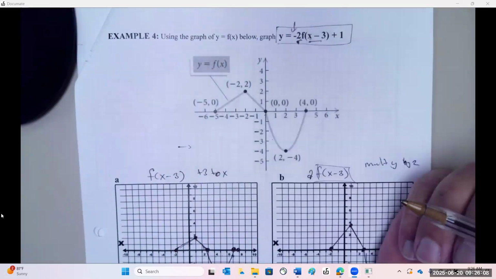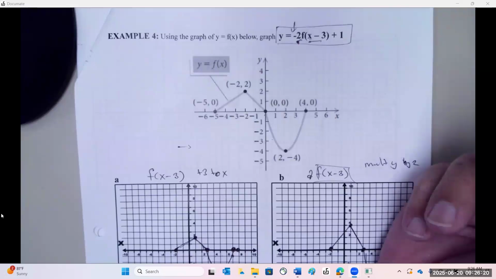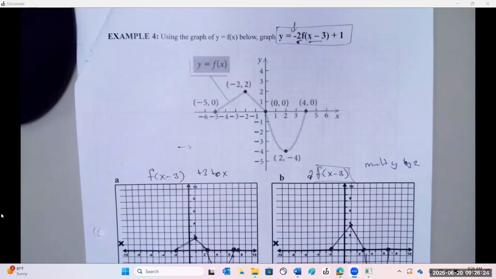What does the negative tell me to do? You can't just say that. You have to give me relative to the points. You can't just say negative, positive of what? Mirror of what? What's going to happen?